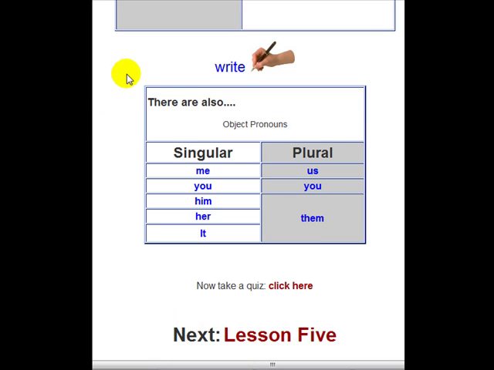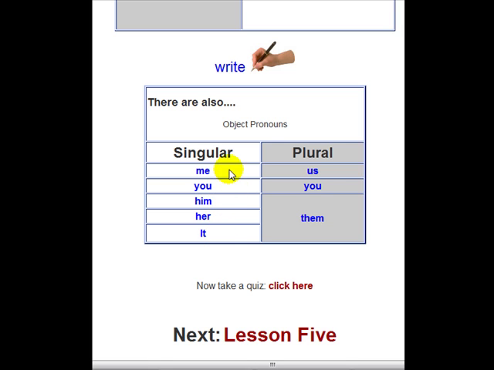We have here object pronouns. They meaning they are an object of a verb, like give it to me, or can I give it to you? So those object pronouns are me, you, him, her, it.